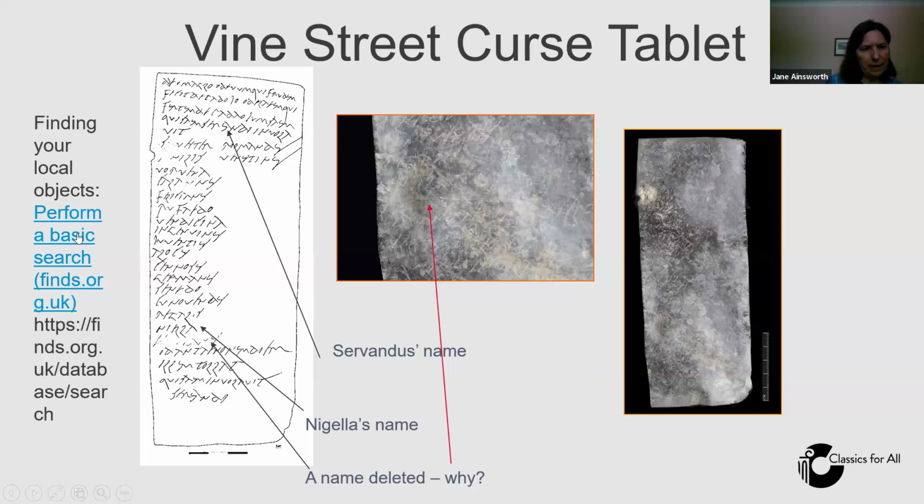We've got the link there on the screen, and there's a postcode search on that facility, which means you can search within 1 kilometre or 3 kilometres or 5 kilometres of your local area and find objects about which you can ask the same questions that we've been asking about these ones.